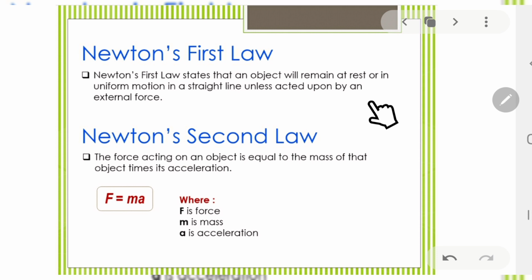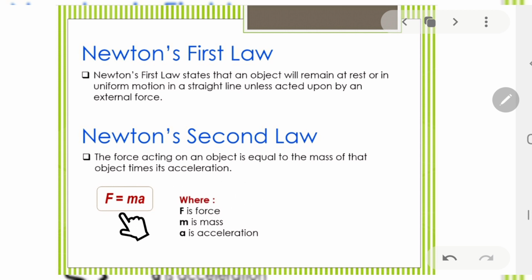Okay, the object will remain at rest or in uniform motion in a straight line unless acted upon by an external force. Contoh lain macam buku lah. Bila kamu letak buku atas meja, buku itu akan kekal dalam keadaan rehat, melainkan kamu ambil buku tersebut. Newton's second law pula menyatakan the force acting on an object is equal to the mass of that object times its acceleration.